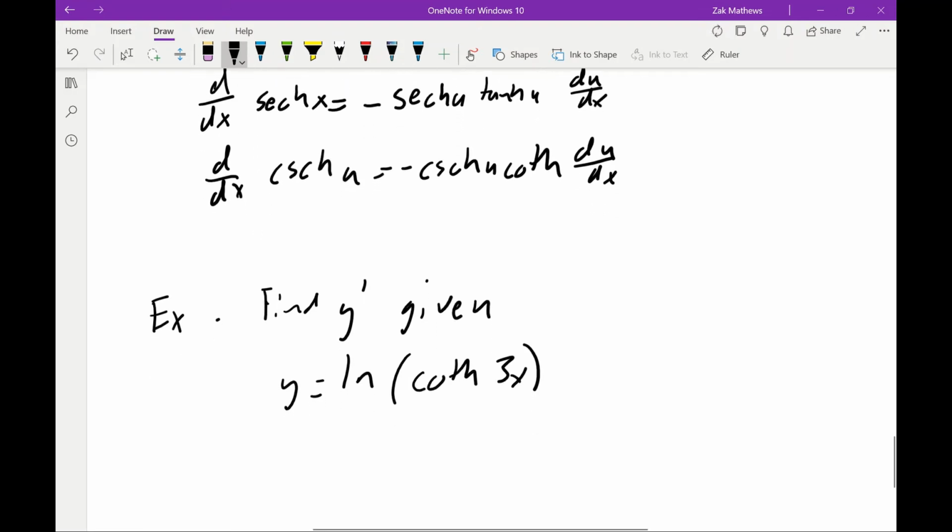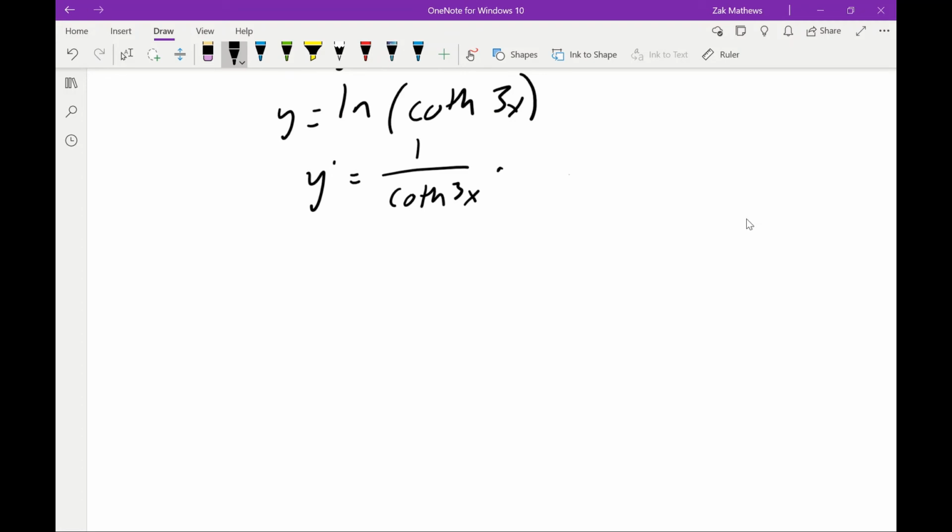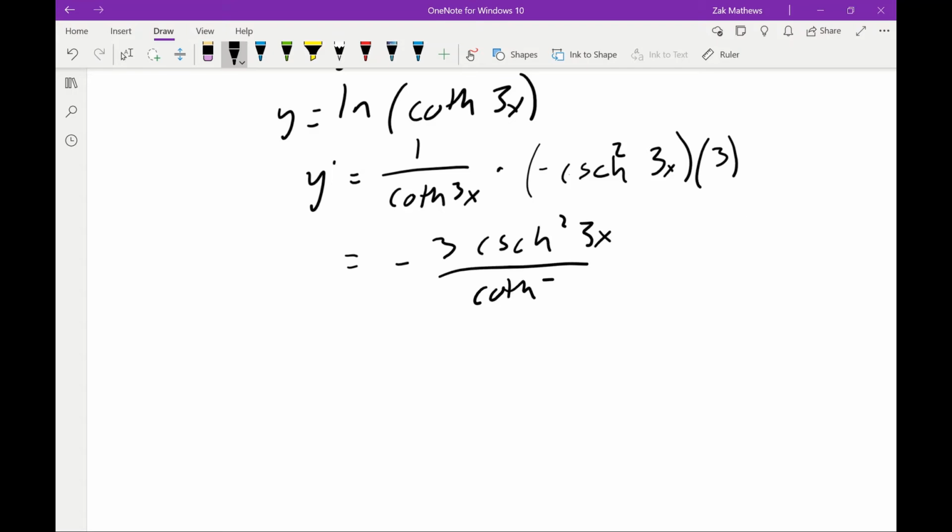All right, so for y prime, the first thing we see is natural log, so we write 1 over the interior, the coth of 3x. Then the derivative of the coth function, which is the negative cosech squared, but it's not really x, it's 3x, because that is our original inner function. And multiply that by the derivative of the inner function, which is just 3. So we can multiply that all together: negative 3 cosech squared 3x over the coth of 3x.